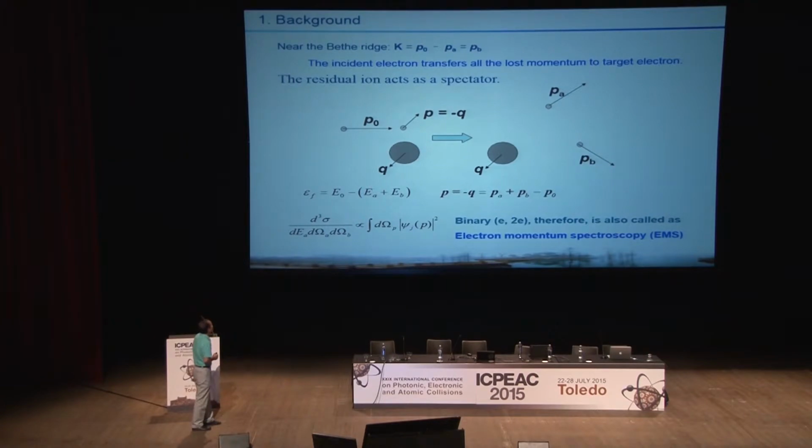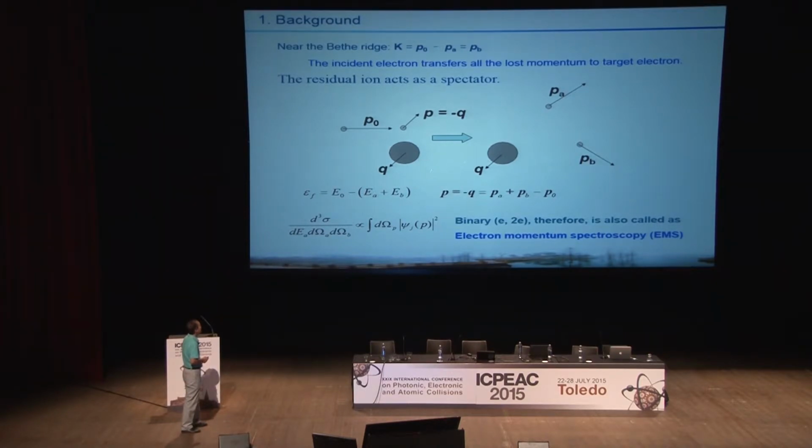In this method, near the Bethe ridge region, the incident electron transfers all the lost momentum to the target electron. In this process, the residual ions act as spectators.